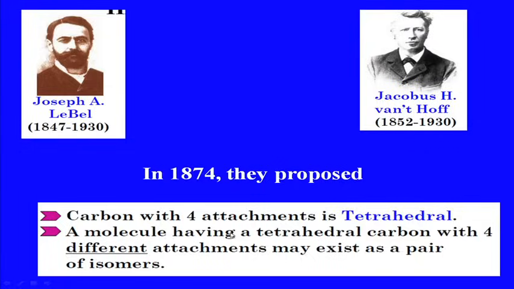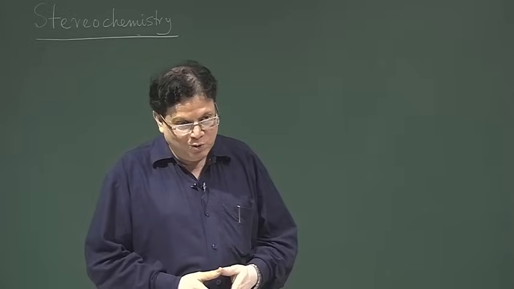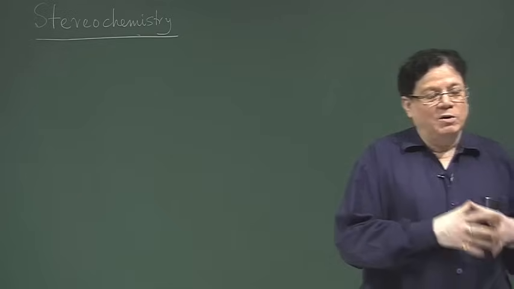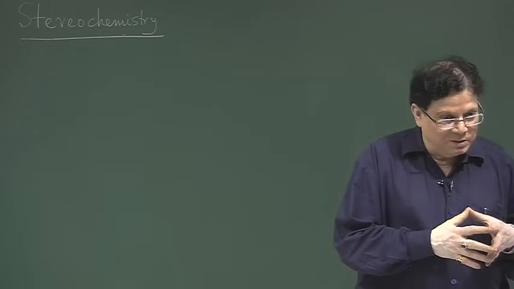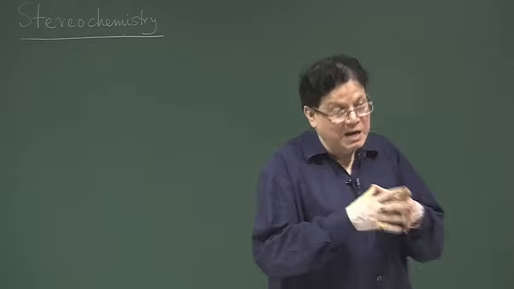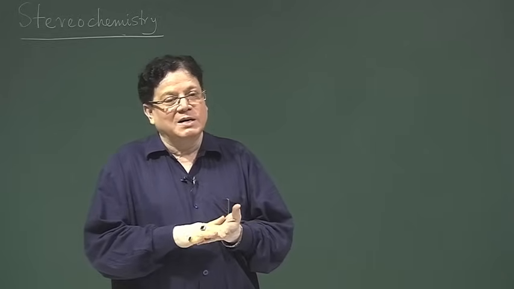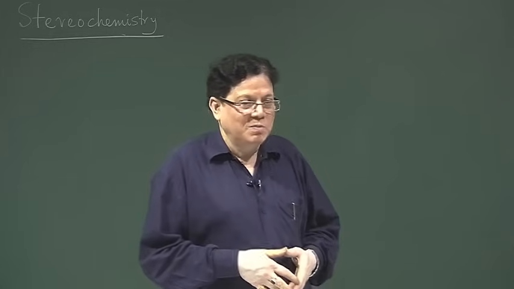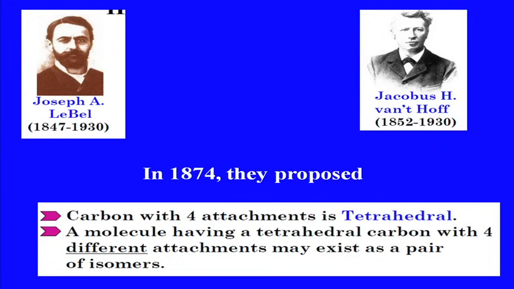At that time, the tetrahedral geometry of carbon via sp3 hybridization was not known. So, it was pure speculation or brilliance from these two scientists who could propose the tetrahedral geometry of carbon, because they knew that if the carbon is flat, square planar, then you cannot generate this type of systems out of it. So, just from a geometric concept, they developed the tetrahedral geometry of carbon.